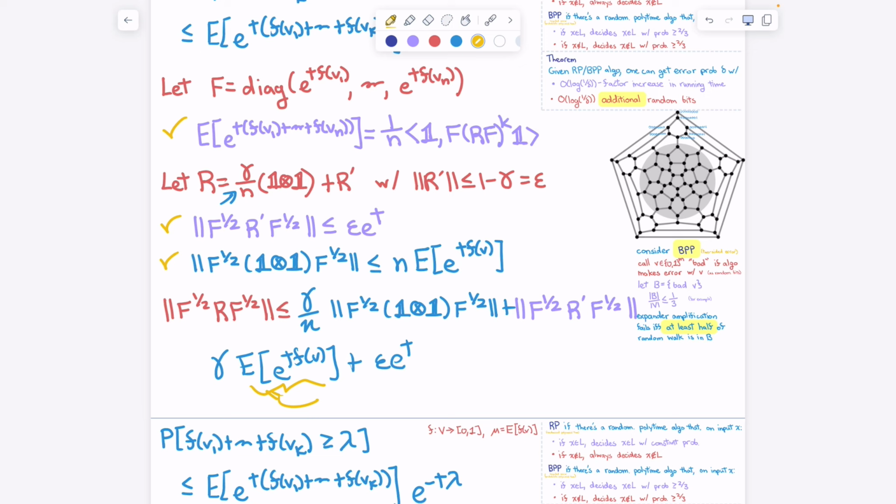So this is less than or equal to gamma times the expected value of 1 plus t f(v) plus t squared f squared(v), because e to the x is at most 1 plus x squared for x at most 1.